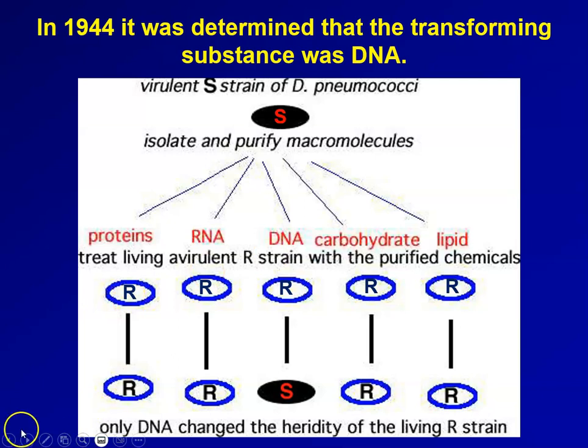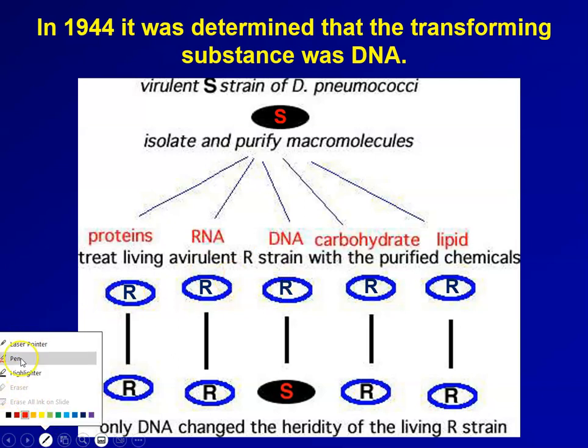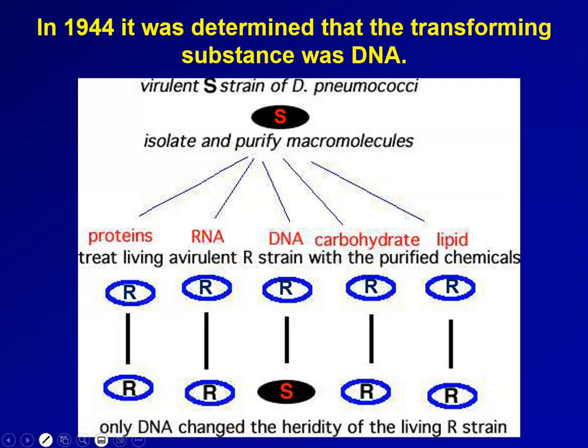And the only one that did was the, come on, highlighter, DNA. DNA from the virulent S strain, when mixed together with the avirulent R strain that was alive, of course, just the DNA of the virulent strain isn't like a live bacteria, it's just part of it.